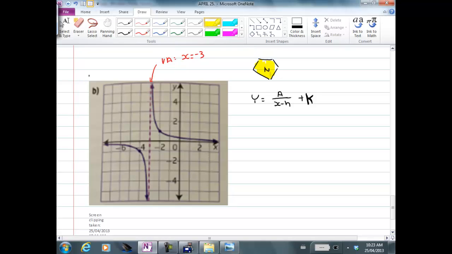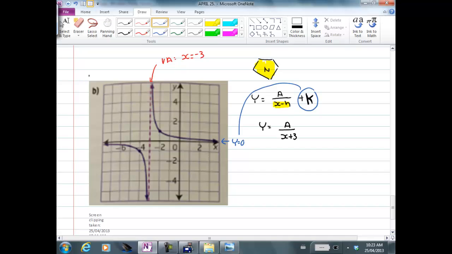So you get y equals to a over x plus 3. Now, there's a horizontal asymptote which is not shown. There's always one, which is y equals to 0. So this part right here represents your horizontal asymptote, which is just plus 0.